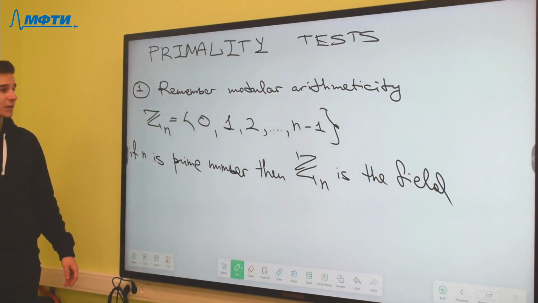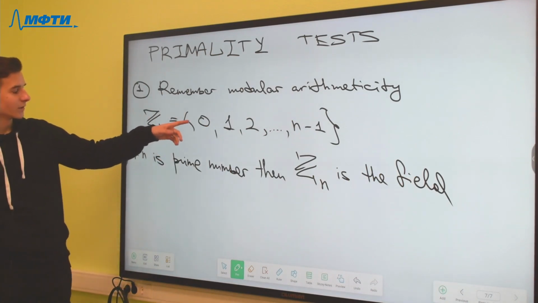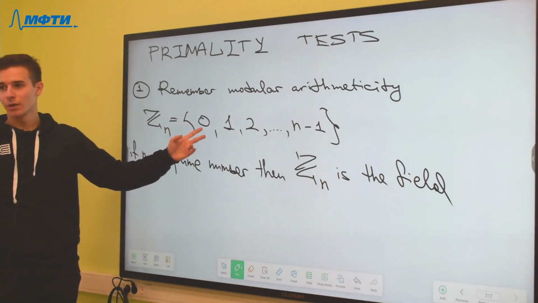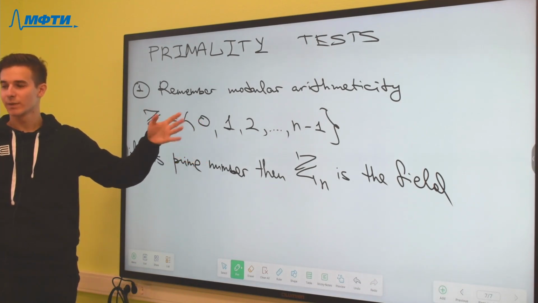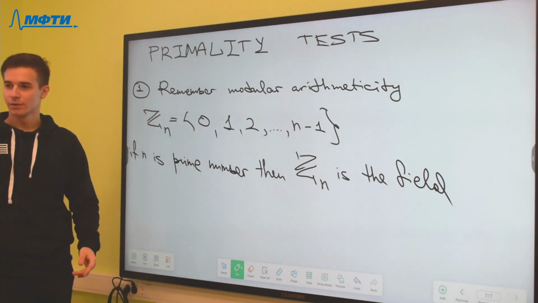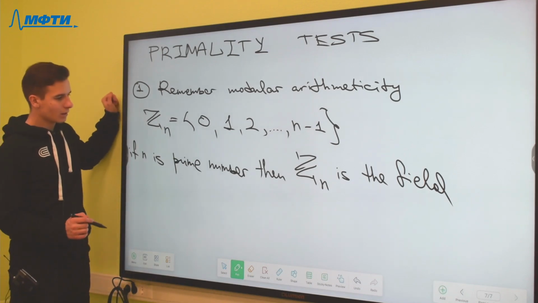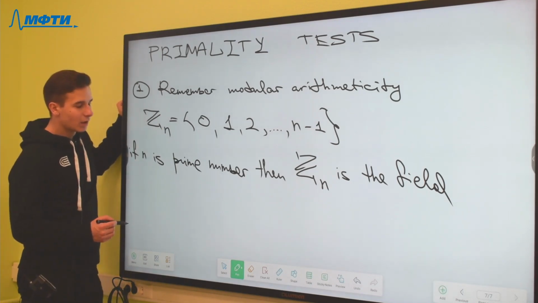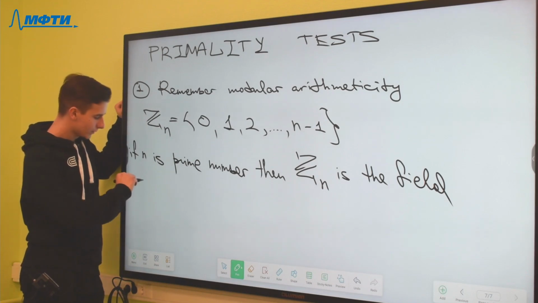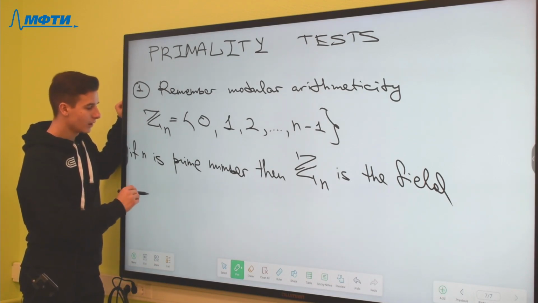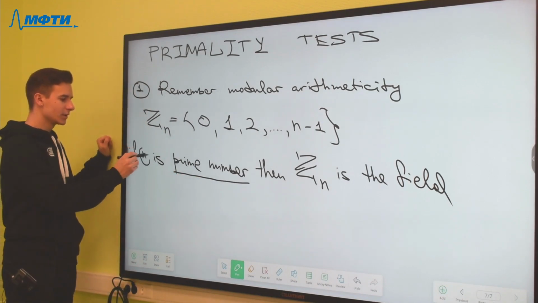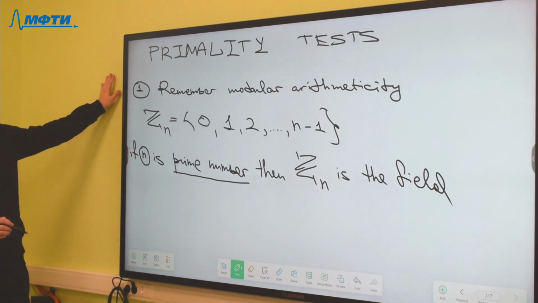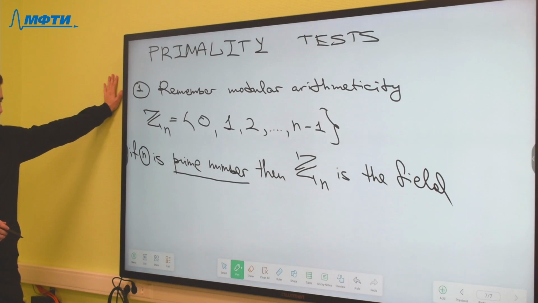It means that for every integer a that is not equal to 0, we can find such x that a multiplied by x is equal to 1. Okay, so what we want to know is when the integer number n that we get from the input is a prime number.